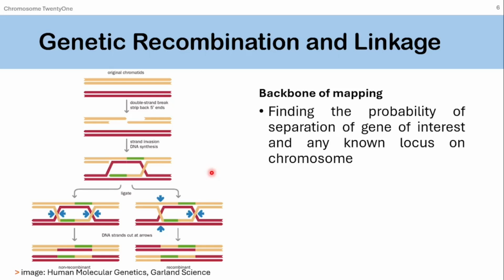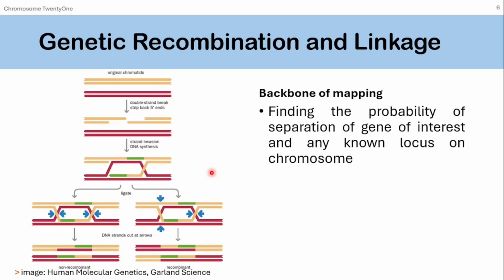Exactly like that, we have a reference point on the chromosome from where we want to map that house or the next location, or our disease gene or gene of interest in this case. So genetic recombination is exactly this: finding this distance.